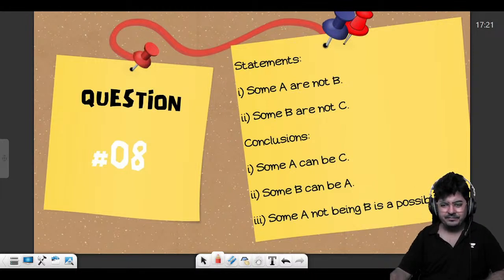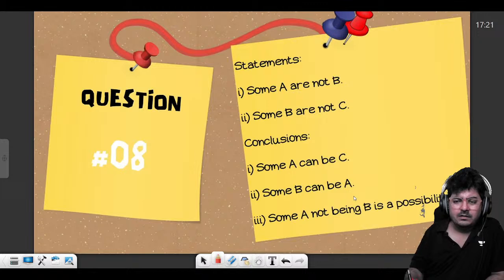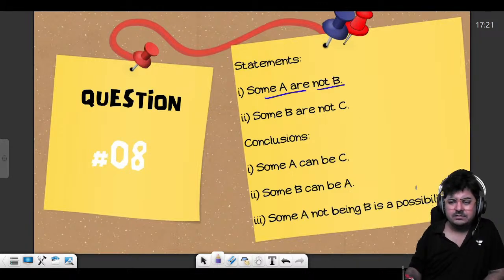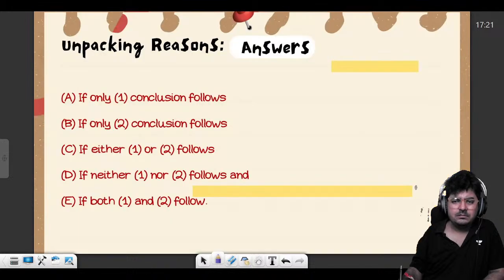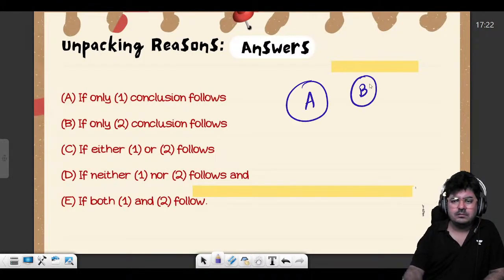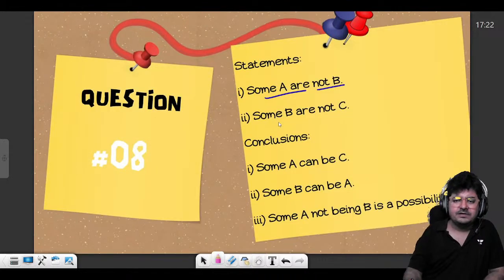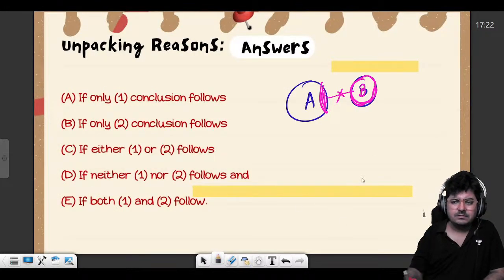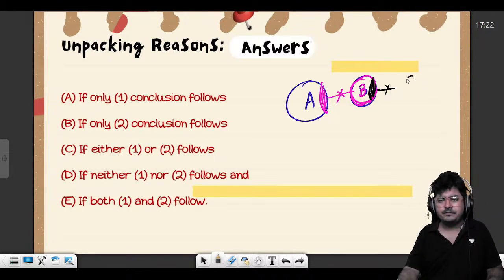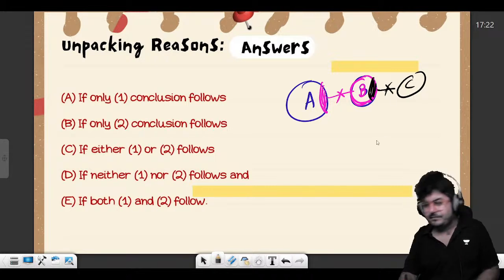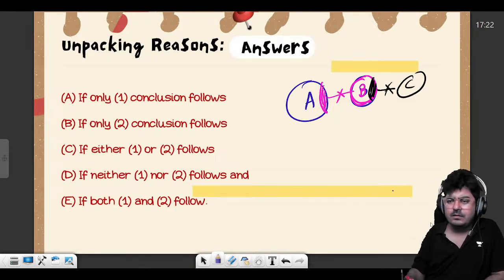This also has three. Okay, let's see. Some A are not B. Some A are not B means we can think like this. Some B are not C. Okay.